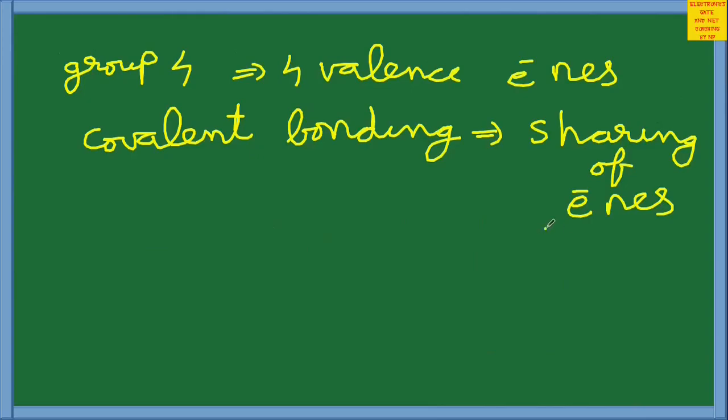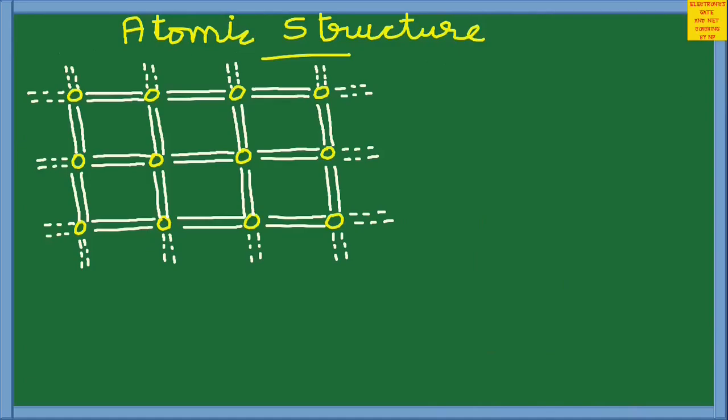To understand this concept, let's consider the atomic structure of semiconductor material. This is the atomic structure of a semiconductor material. Here the yellow circles represent the atoms and these solid white lines represent the bonds. Now when we consider an atom, it will share its 4 valence electrons with 4 adjacent atoms.